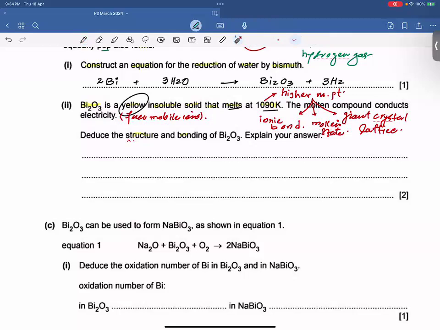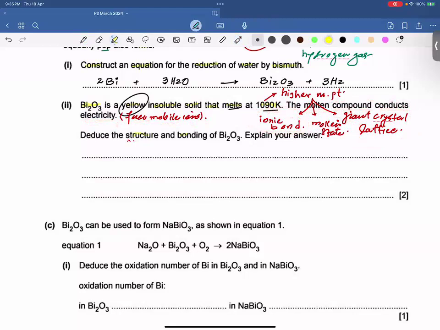So this compound has a higher melting point. That indicates two basic pieces of information. The first one, it exhibits ionic bonding, and the second one is it has a giant crystal lattice structure. Since it has ionic bonding, all ionic compounds can exist in molten state. And in molten state, we have free mobile ions, which is why this compound can conduct electricity as well.